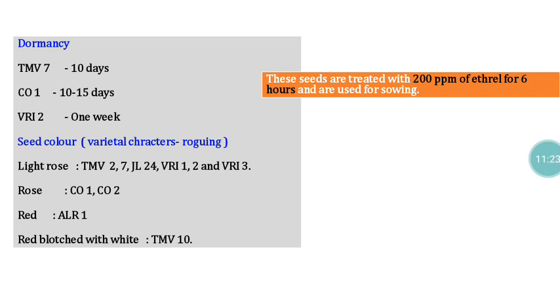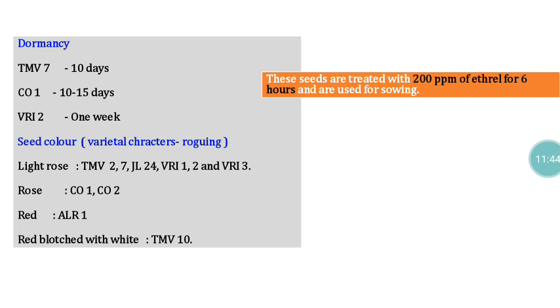So in that angle, dormancy is somewhat useful as far as groundnut is concerned. Suppose the farmers, immediately after harvest, for example with TMV7 which has a dormancy period of 10 days, within 7 days of picking wanted to use that seed for sowing purpose, that seed is not able to germinate immediately after sowing. That will take some time.